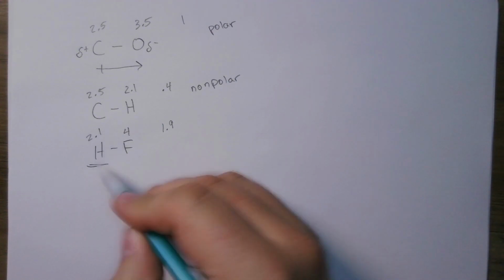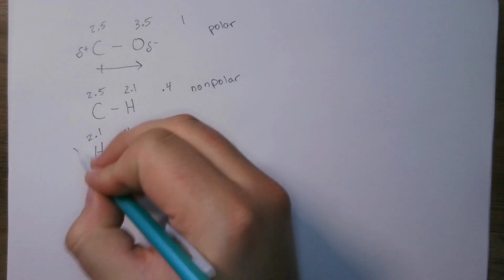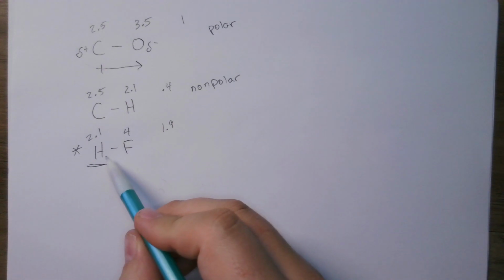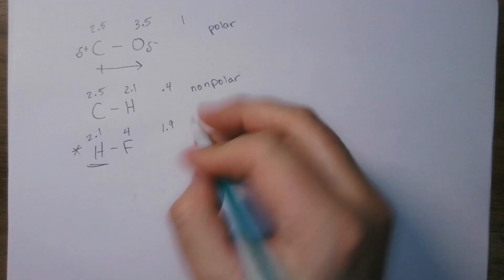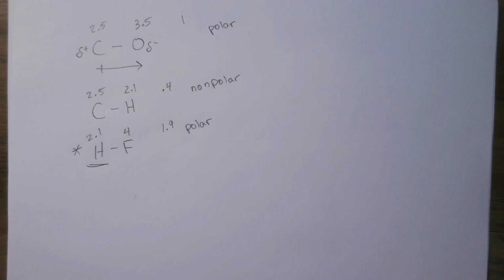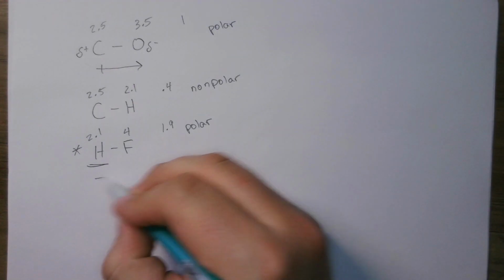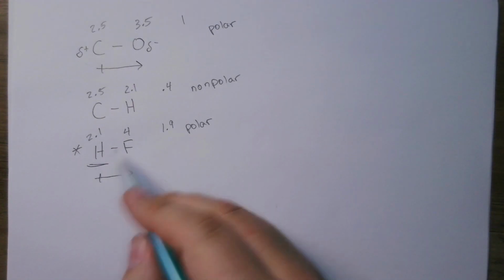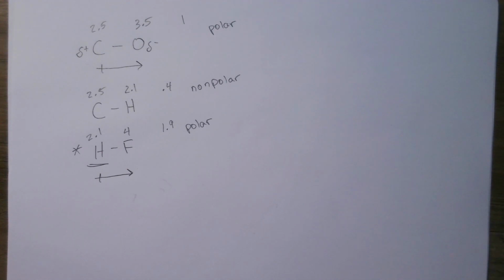So when you see hydrogen bonded to stuff, just know this is an exception. Hydrogen and fluorine will make a covalent bond, but it will be very, very polar. This is actually one of the most polar bonds that exist, but it is not quite an ionic bond, even though it is above the number I gave you. So we will draw the arrow this way, towards the bigger number here.